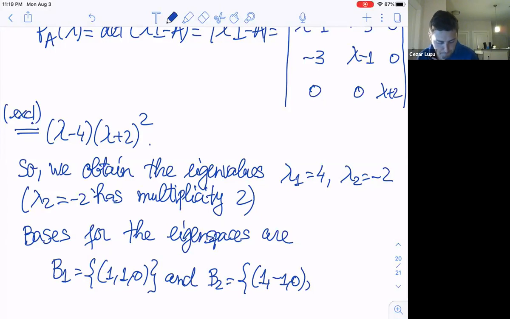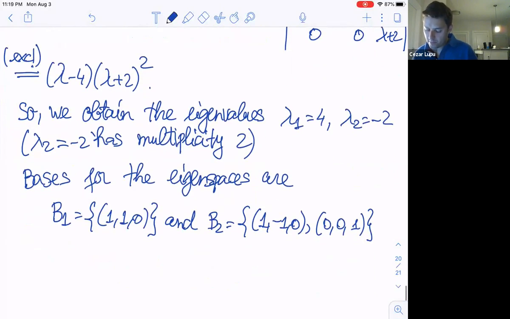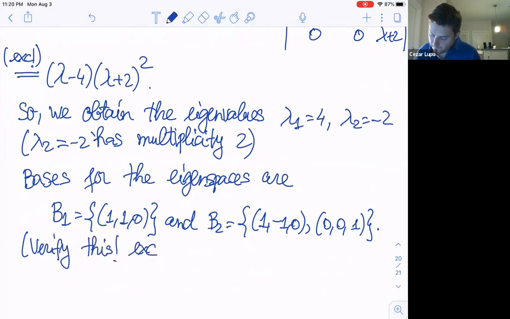So (1, negative 1, 0), right? And (0, 0, 1). And you can verify this. So I'll leave it to you as an exercise to verify this. Anyway, and that's it.